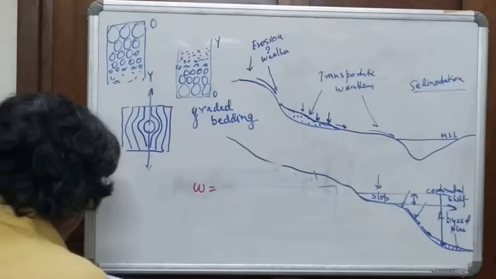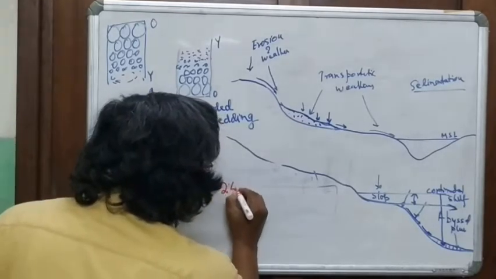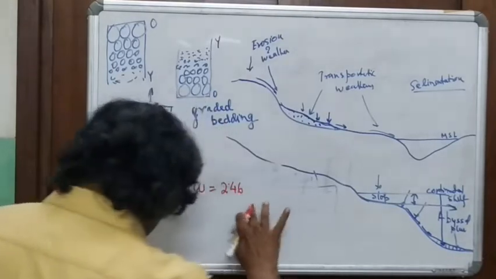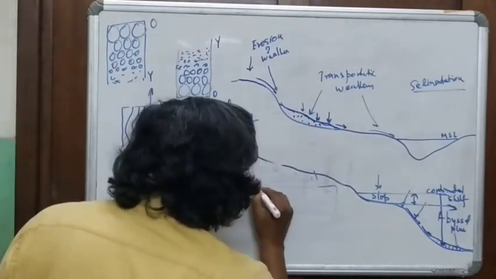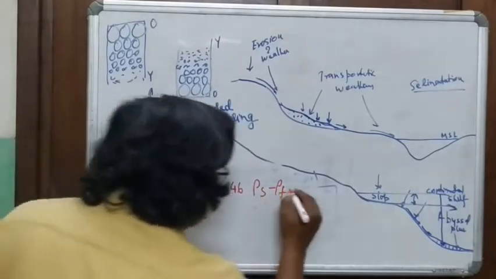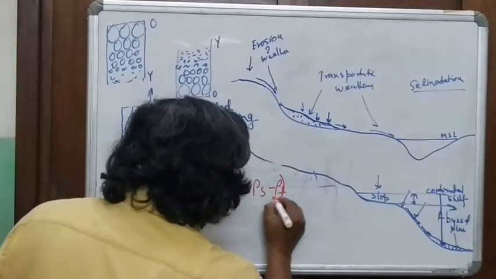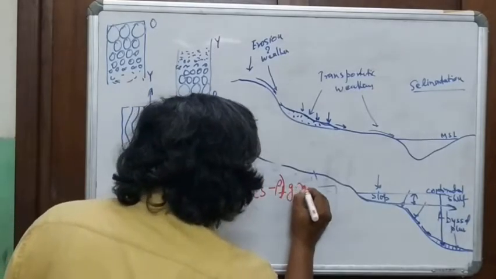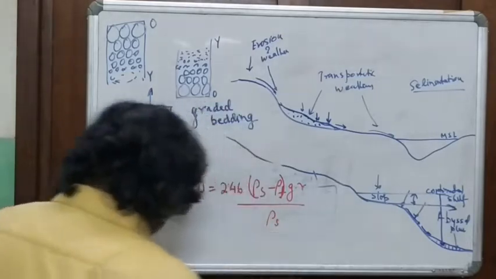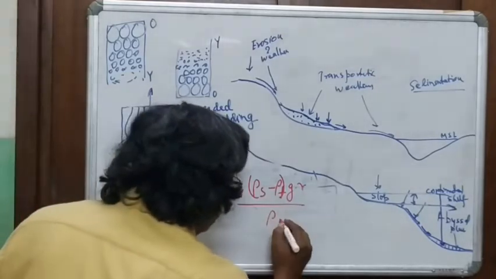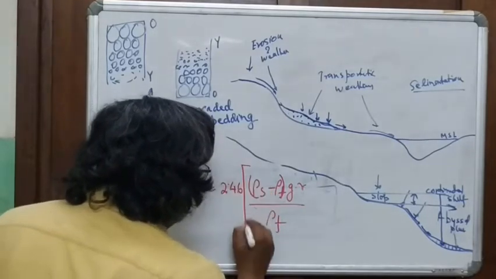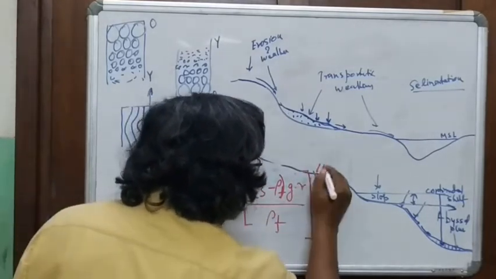W is equal to 2.46 times rho solid minus rho fluid, into g into r, divided by rho fluid, and this to the power half.